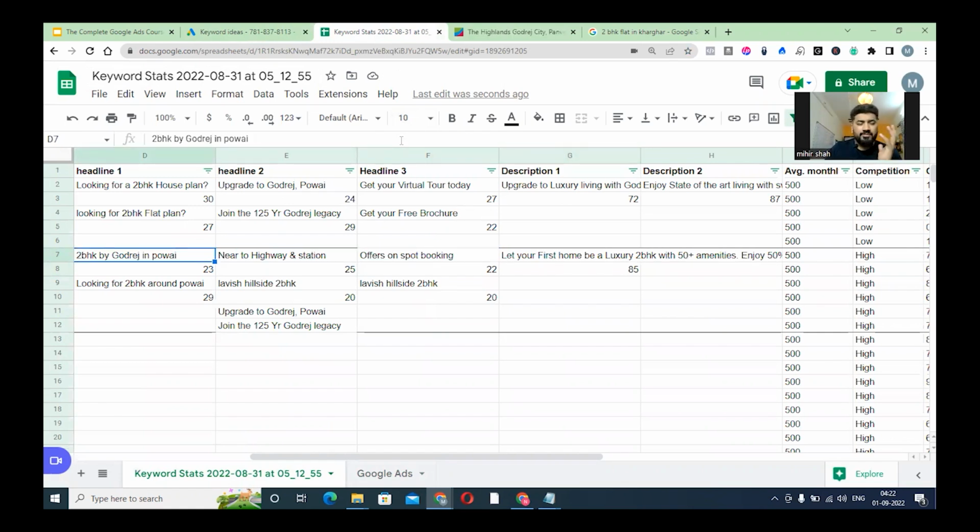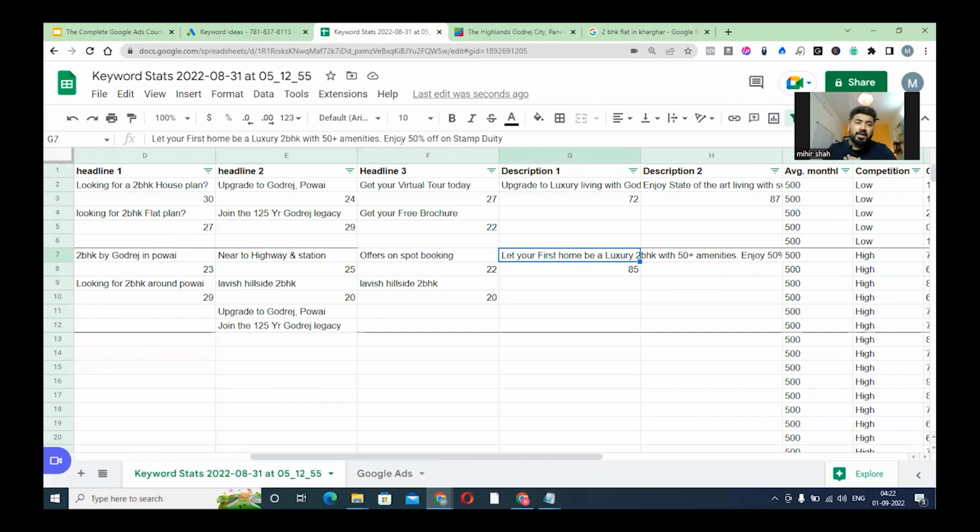So again, created relevance with 2 BHK. Godrej, put in a brand name and a social proof. In Powai, put in the location. Near highway and station. So we've showed a sense of connectivity. You get offers on spot booking. So okay, it's gotten its attention. And let your first home be a luxury 2 BHK with 50 plus amenities. Enjoy 50% off on stamp duty.